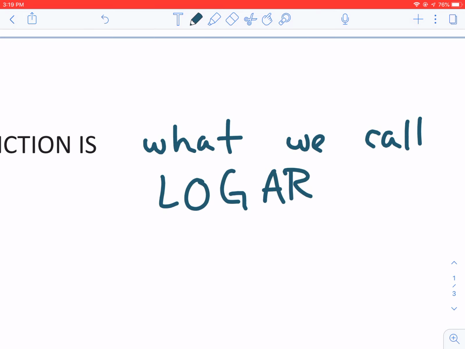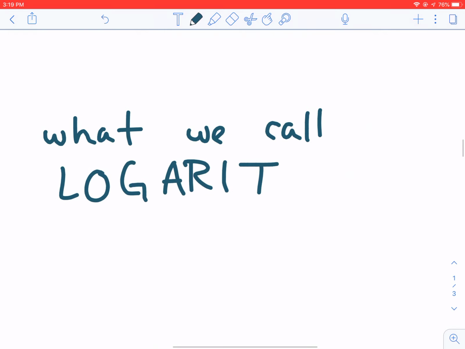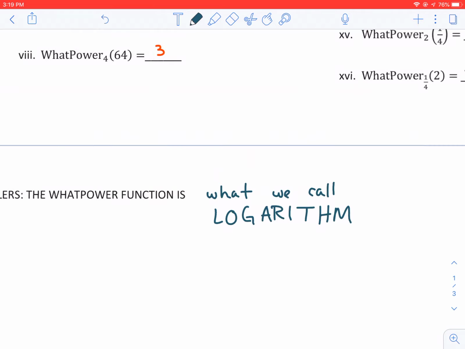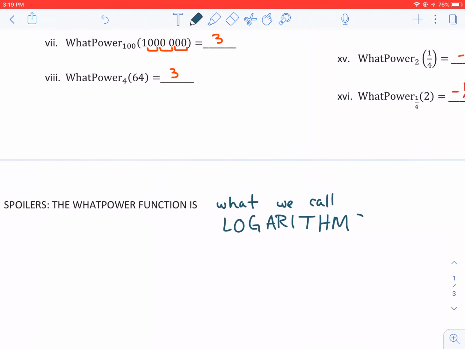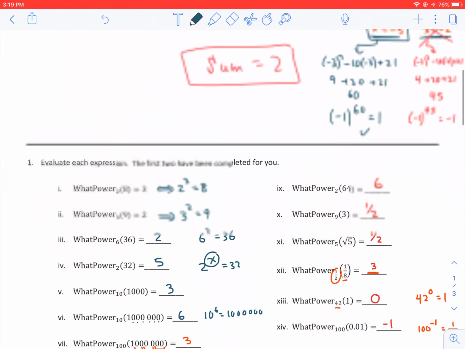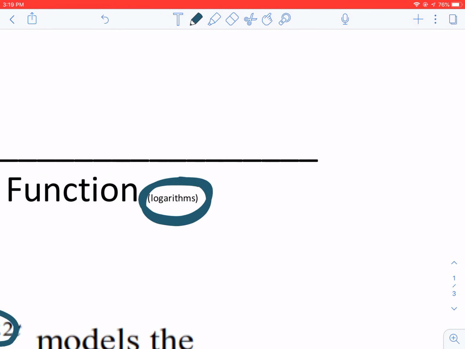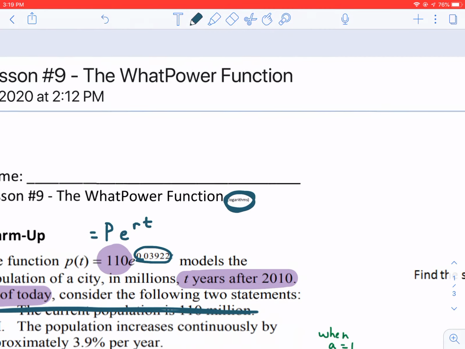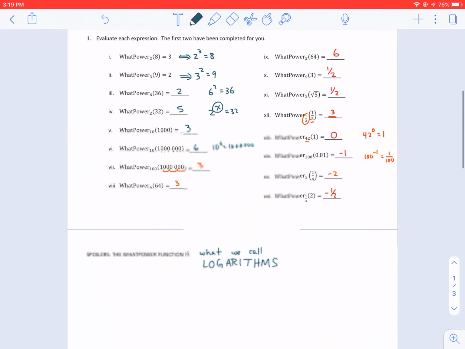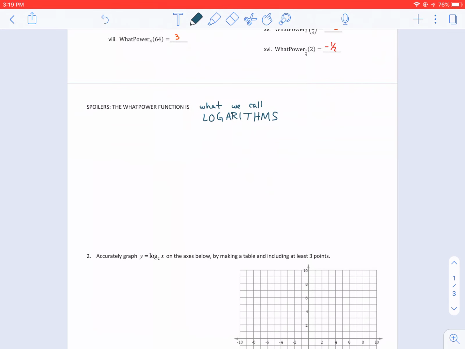The WhatPower function is really logarithms. I probably should have made the font even smaller, but this is the real topic of today, logarithms. Logs are always pretty confusing for a lot of people, which is why I introduced it as the WhatPower function.